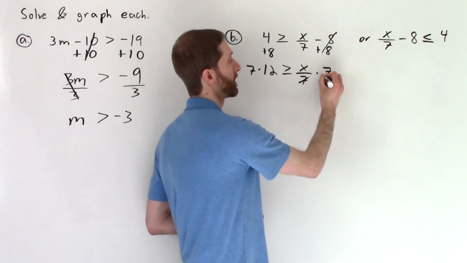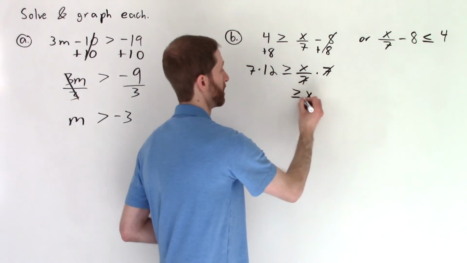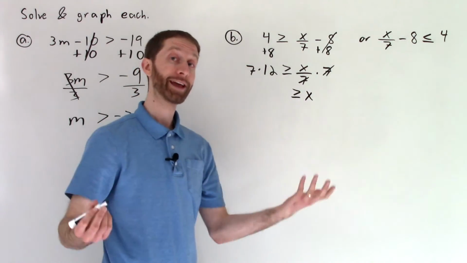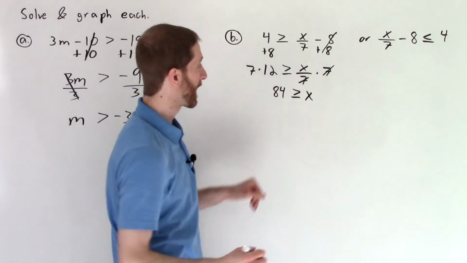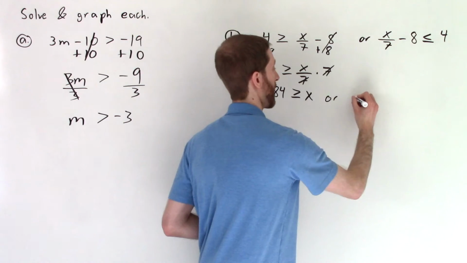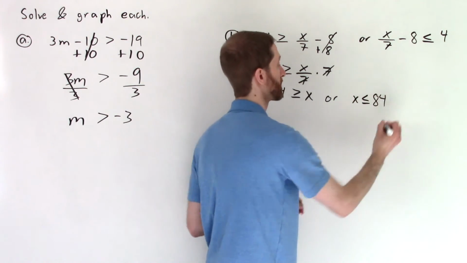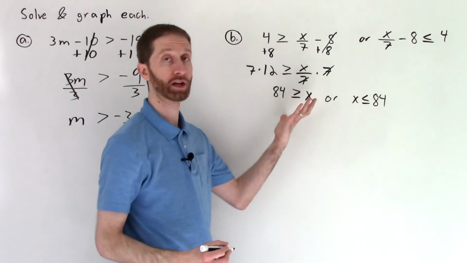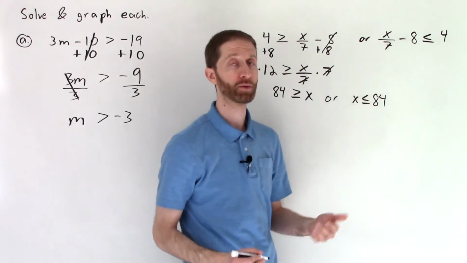Sure enough, we've undone that division, and we're left with x on the right-hand side. And then we have 7 times 12, 84. So looking at that, I like to write my answer as x is less than or equal to 84. I have not switched the signs, I've merely taken everything and turned it around so that we're reading it from the variable to the number from left to right.